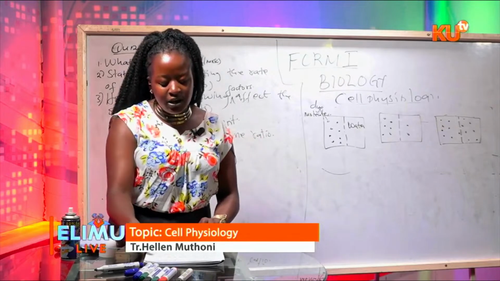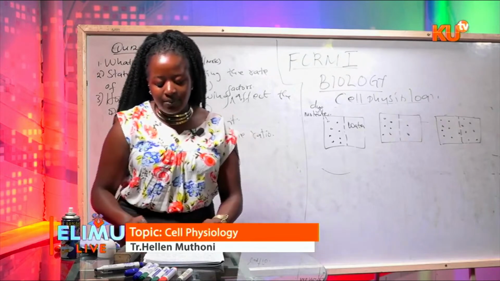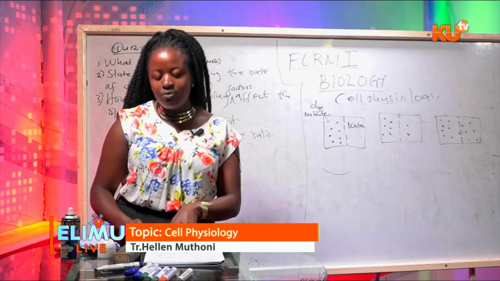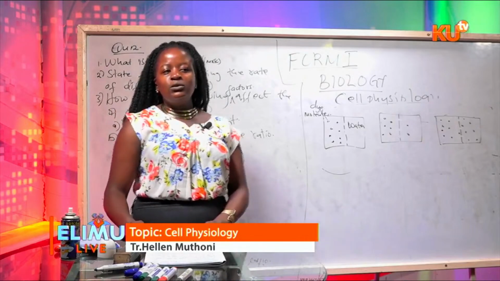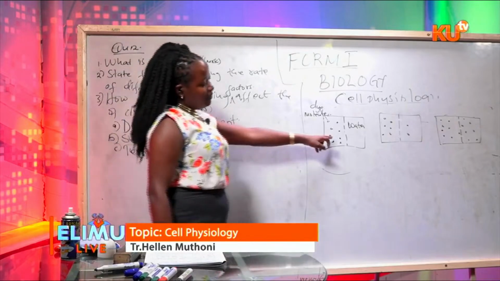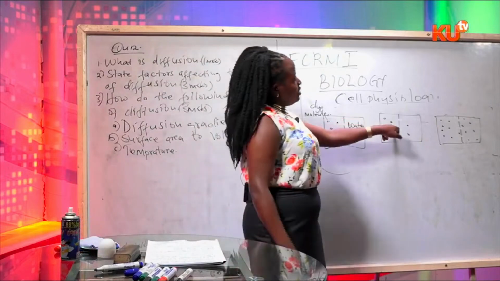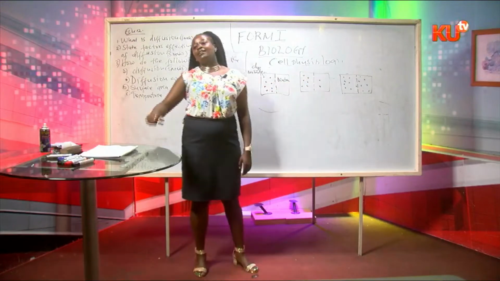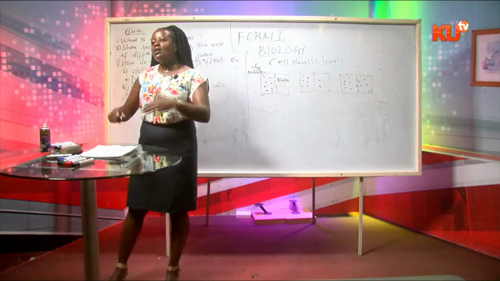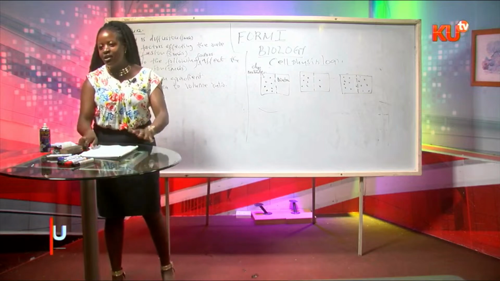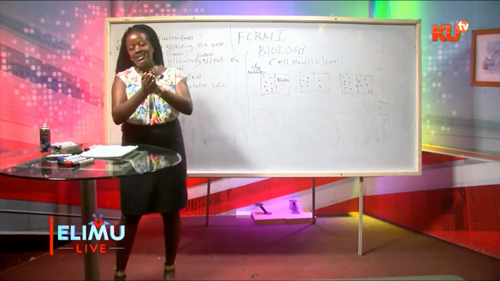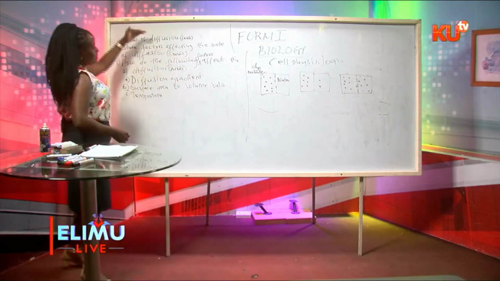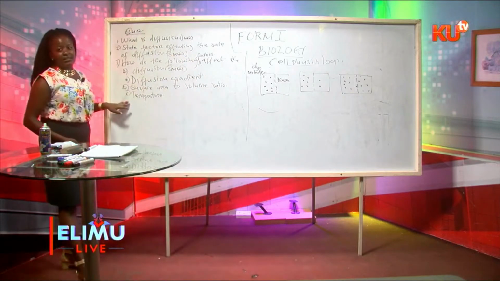Then another question, state two ways by which the movement of dye molecules in the setup would be slowed down. This movement from one region to another, how can it be slowed down? Now this one, they are testing the factors indirectly. These questions will not always come direct as the ones I've written.